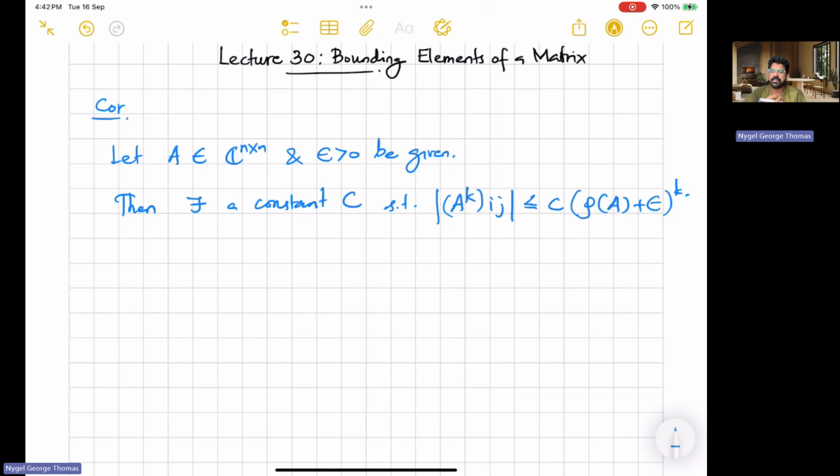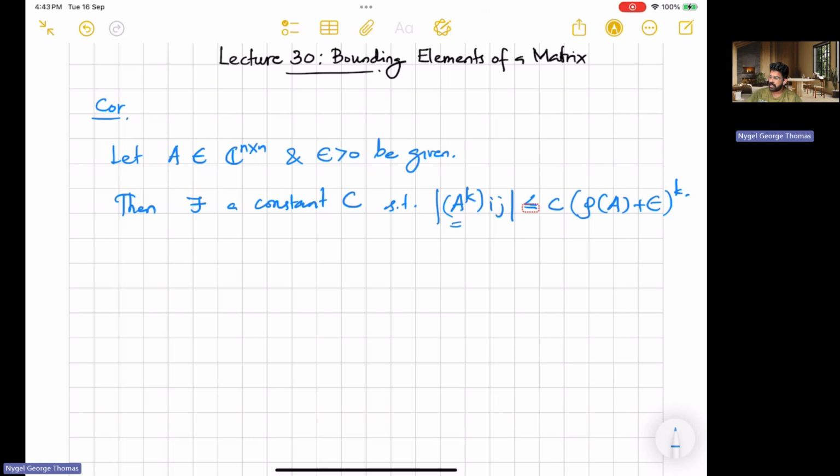So what this means is, if you have a matrix, then for the k, we are finding the kth power of a matrix, right? So we can easily determine an upper bound for the modulus of the maximum value of each element of A raised to k.